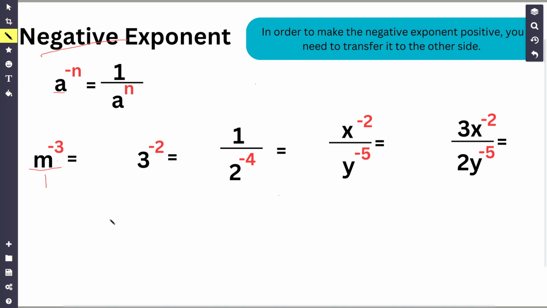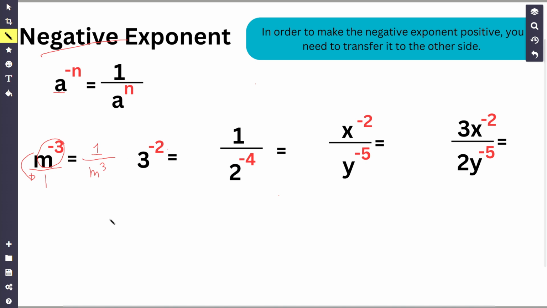So to make the term with the negative exponent positive, you just have to transfer it to the denominator. That will become 1 over m raised to 3. That's the answer in the first example.